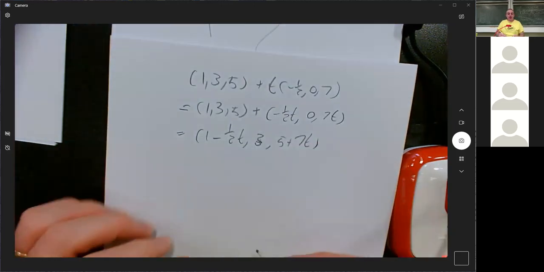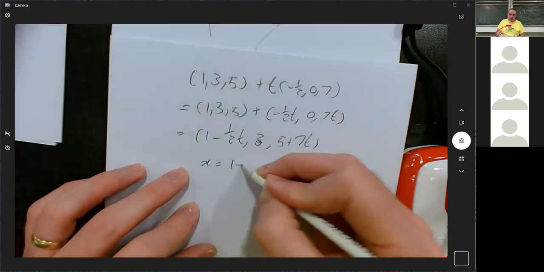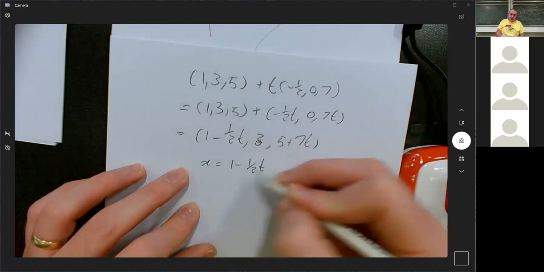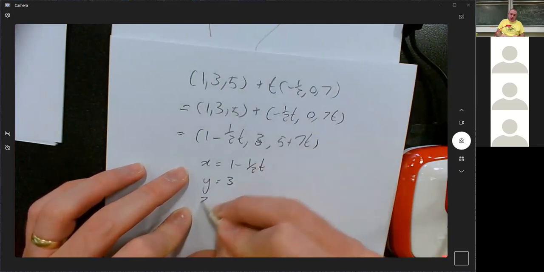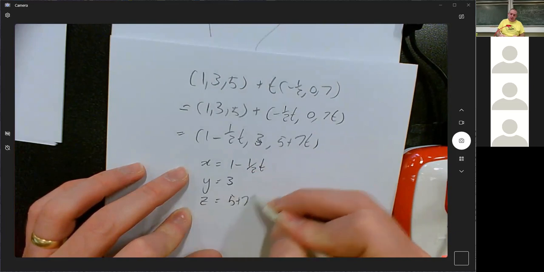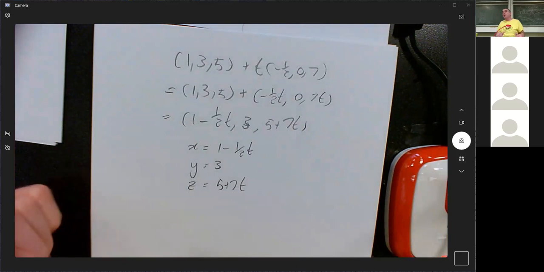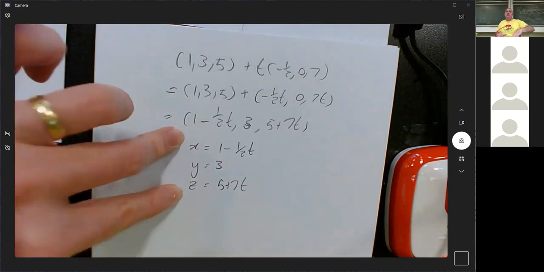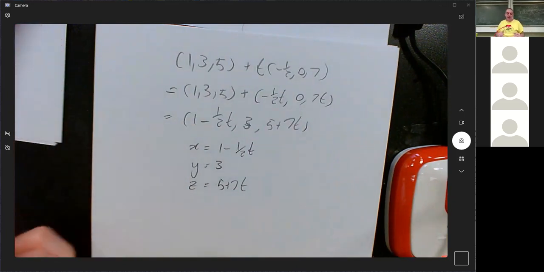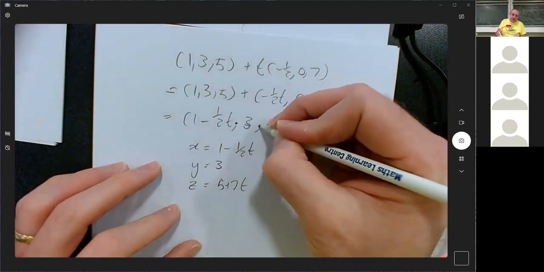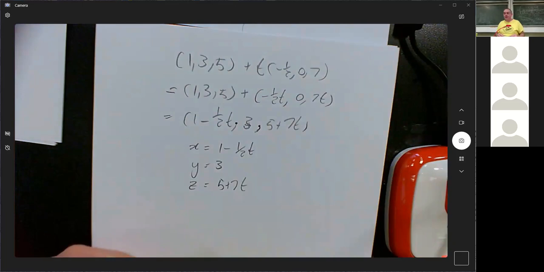And that is what it looks like. And so the x coordinate is 1 - 1/2 of t, and the y coordinate is always 3, and the z coordinate is 5 plus 7t. So either of these is a perfectly good parametric form. Officially, this is parametric form. But again, no one really cares. Your lecturer might. I'm not sure.